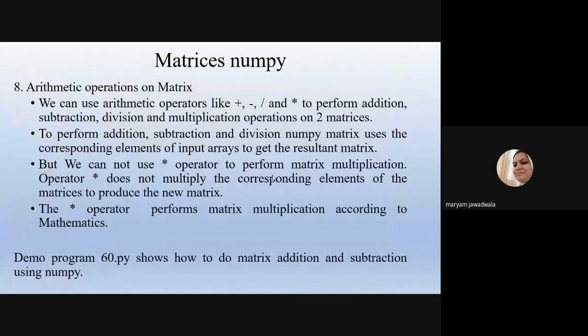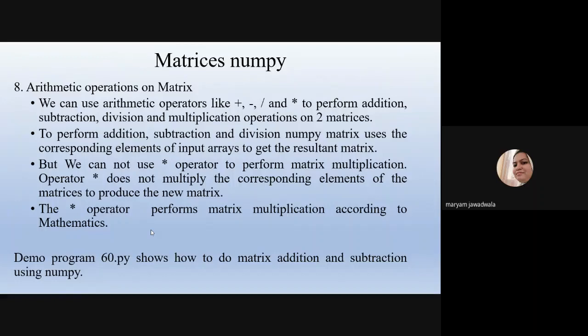You need to check whether the number of columns of the first matrix is equal to the number of rows of the second matrix or not. If equal, then only you apply the multiplication sign. If not, then you need to ask the user to enter the correct number of rows and columns for multiplication.